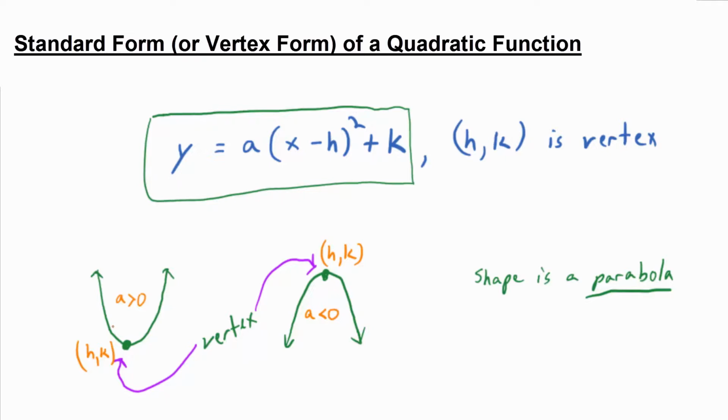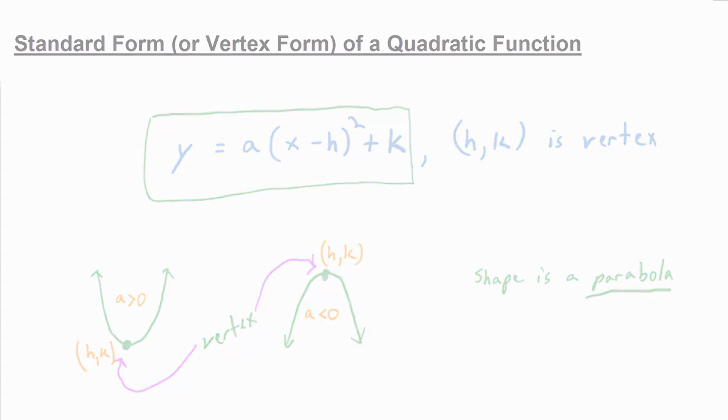For every parabola, and this I haven't mentioned yet, there's a vertical line that cuts it in half. If I drew a vertical line right through the vertex, wouldn't it cut the parabola in two perfect halves, like mirror image halves of each other? So if I draw a generic parabola here, and I could draw it opening downward too, that wouldn't matter.